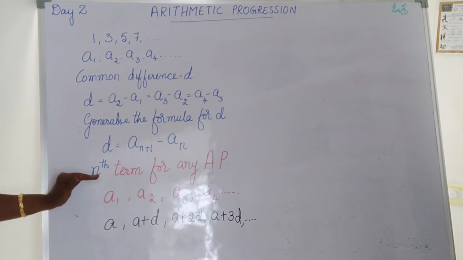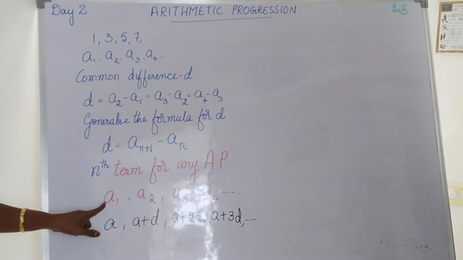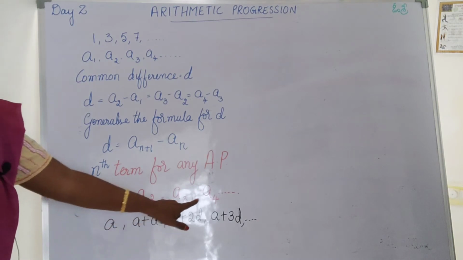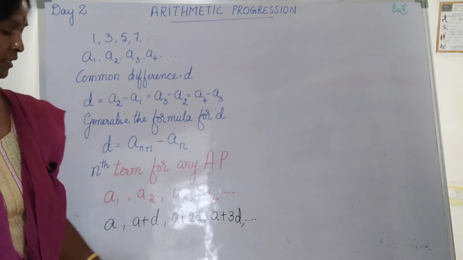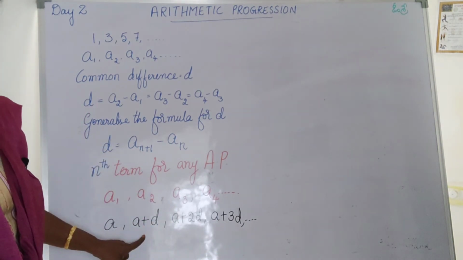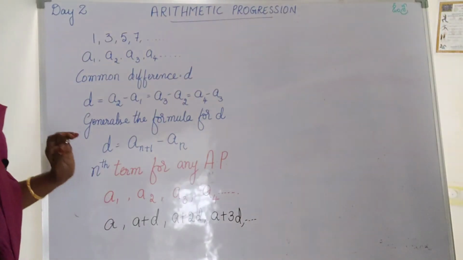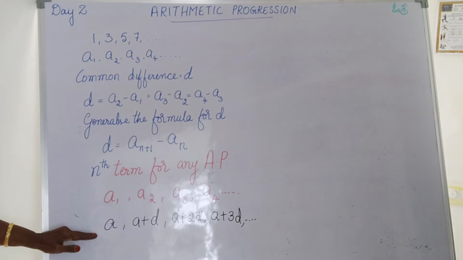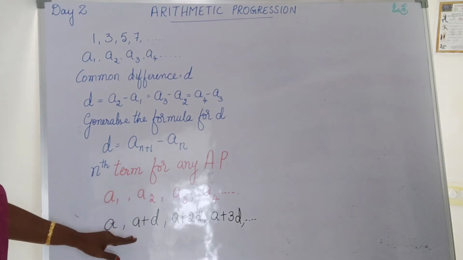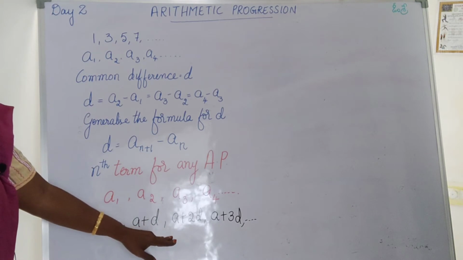So this is also in AP, which is represented as A1, A2, A3, A4 and so on, and this is also in an AP, that is A, A plus D, A plus 2D, A plus 3D and so on. That means A1 is equal to A, A2 is equal to A plus D and A3 is equal to A plus 2D.